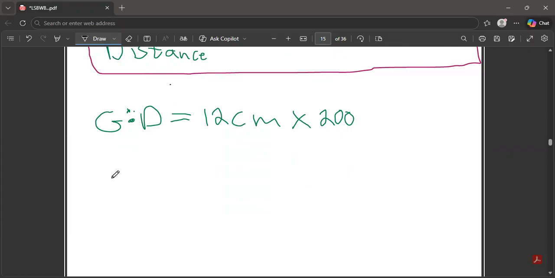So this is going to give us our ground distance equal to 2,400 centimeters.